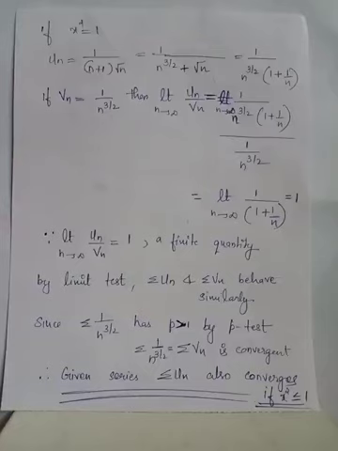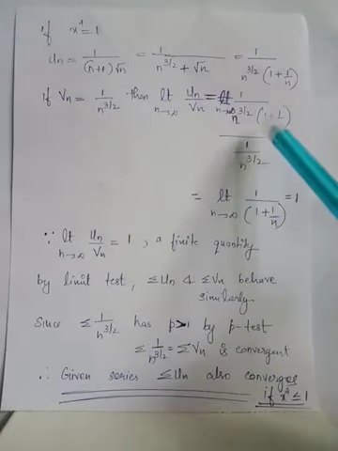So after taking n raised to 3 by 2 outside from the denominator, this is our final expression of un. Now we evaluate limit n tends to infinity un divided by vn, where vn is the familiar series with the general term vn equals 1 by n raised to 3 by 2.